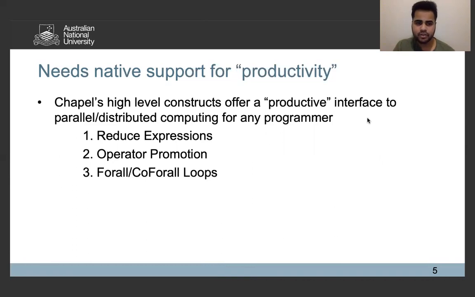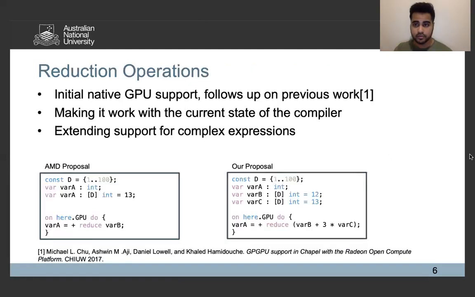Some of these high-level constructs include reduce expressions, operator promotion, data parallelism using forall loops, and task parallelism using coforall loops.